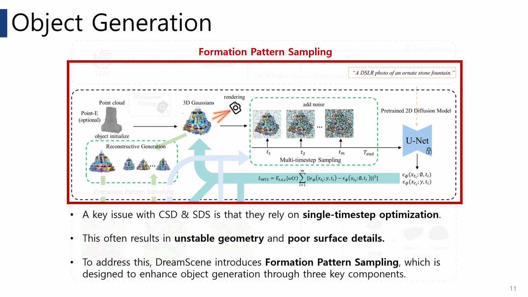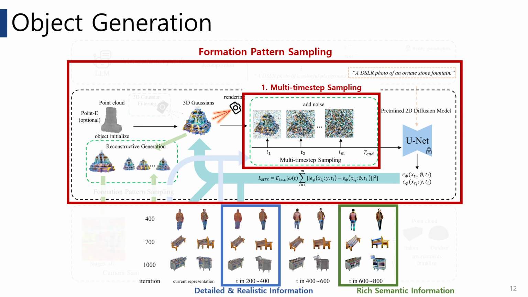To address this, DreamScene introduces formation pattern sampling, a technique designed to enhance object generation through three key components. First, multi-timestep sampling improves stability by sampling multiple timesteps per iteration instead of relying on a single-step update.